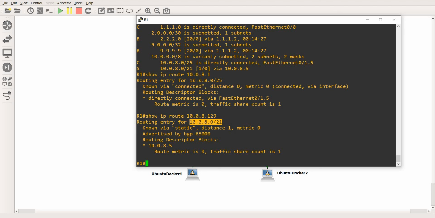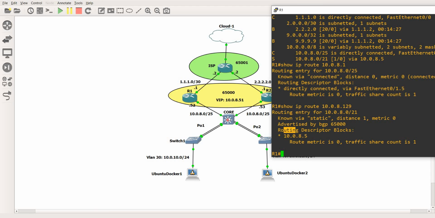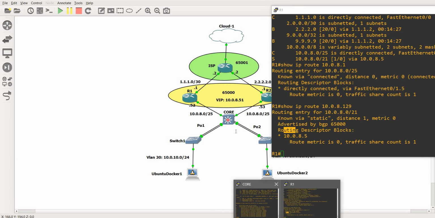So you don't have to do some math anymore. So here we see that this route is known via static, and this is actually the next hop IP address. So in this case, that would be the core switch.